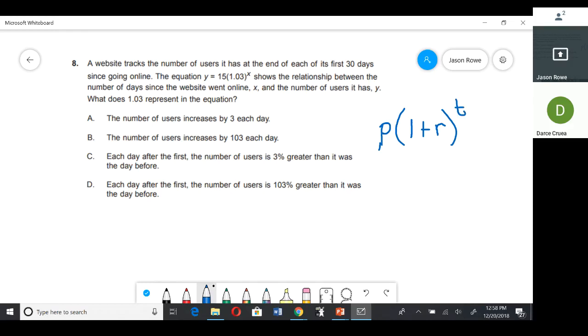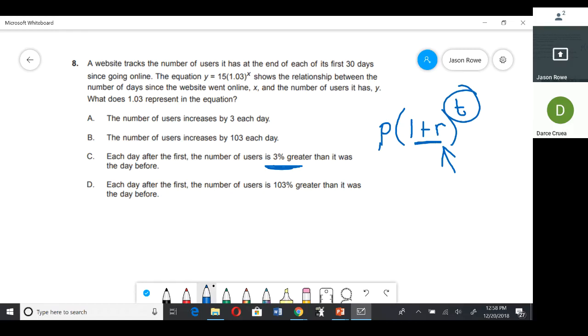Yep. 1 plus r is the rate of increase. If it was a decrease, it would be 1 minus r. And then t is the time. So in this case, the 1.03 probably means which one? Probably C, because it's a 3% increase. And that 1.03 is 1 plus 0.03, 3 hundredths, right?